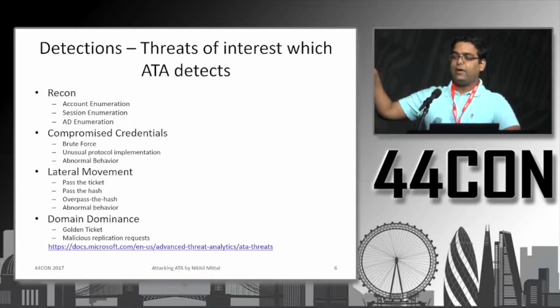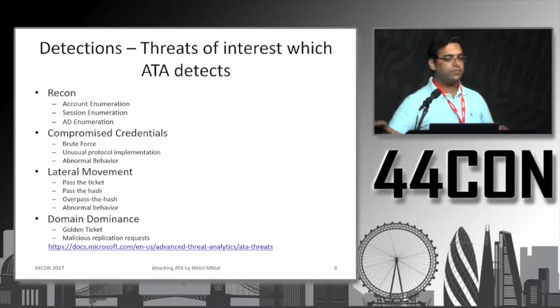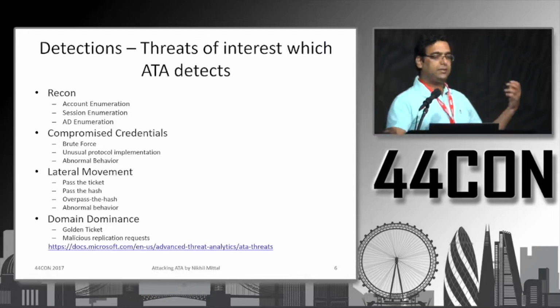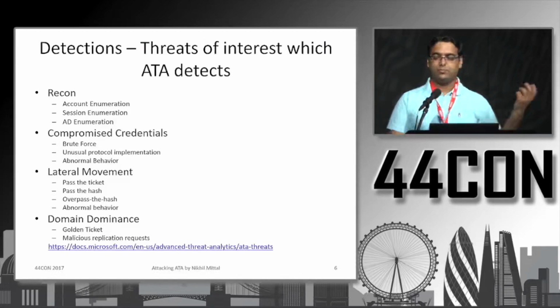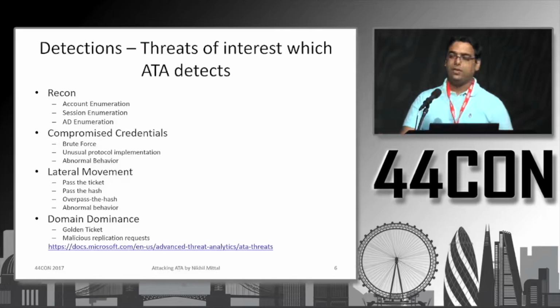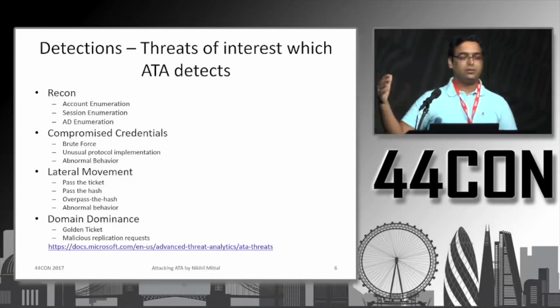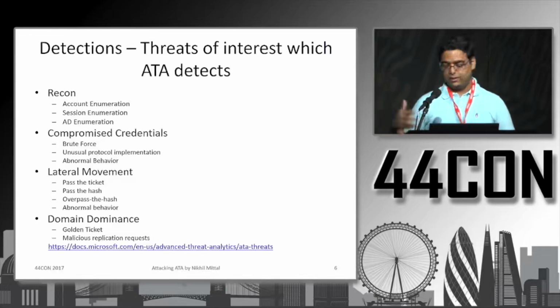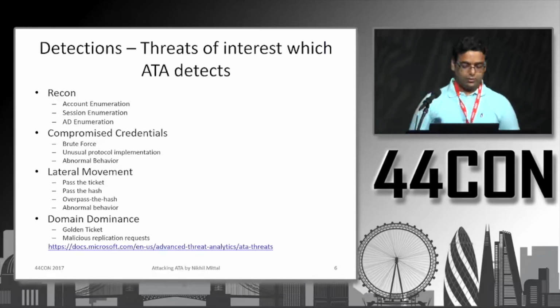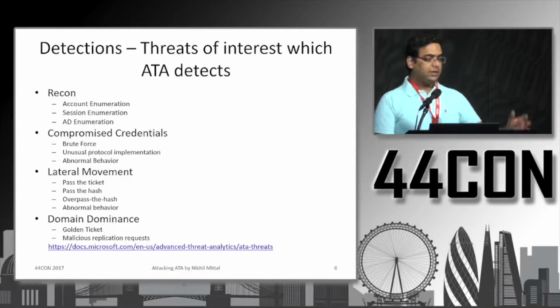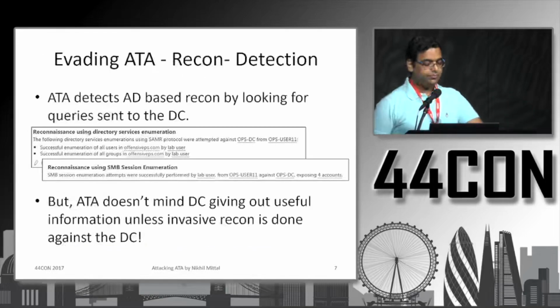That is, once you have enough privileges in a domain, let's say a domain admin or an enterprise admin or something which you think is interesting, you may like to maintain your access, persist in that domain. That's what domain dominance is, which contains golden ticket attacks, malicious replication requests, that's DCSync attacks. These are the attacks which ATA detects.